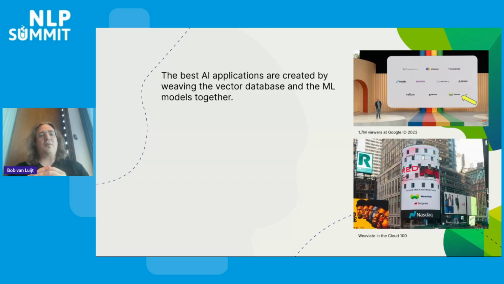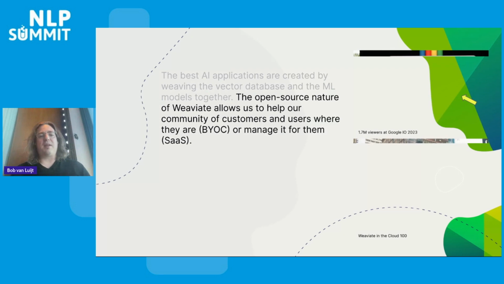So to start off, what we believe is that the best AI applications are created by weaving together the database and the model. The better we can bring the database and the models together, the easier it becomes for you to create these kinds of applications.